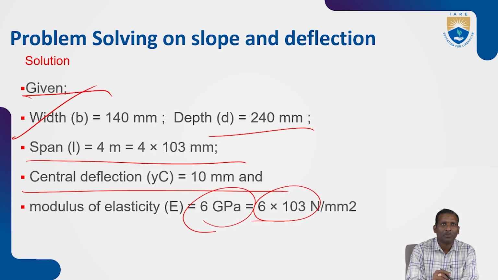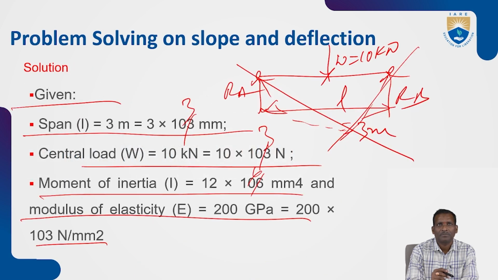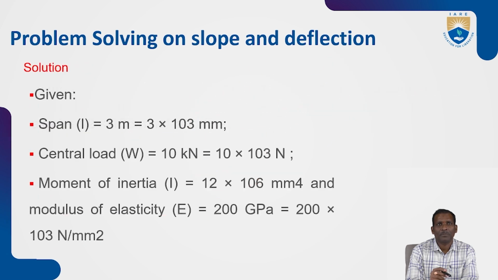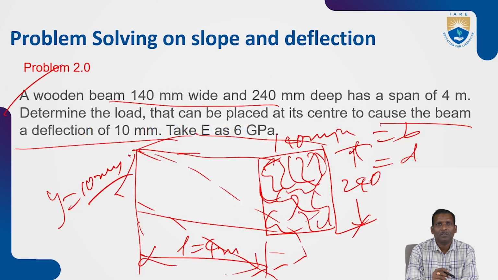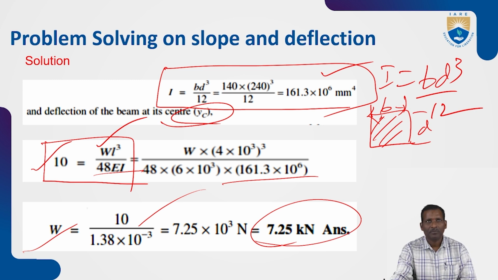In the previous problem, the slope we also calculated. This one is also a simply supported beam. So what is the slope? WL square by 16 EI. To calculate WL square by 16 EI, substitute here 16 into E, WL square. W is already calculated, substitute this value.